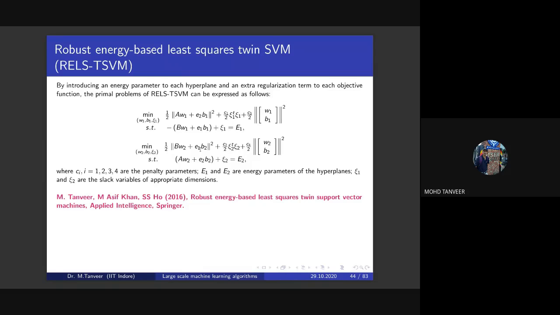Second, it is least square sense, which I already told is one of the fast algorithms, simply solving a system of linear equations. And third, we are introducing an extra regularization term, so the invertibility issues in the dual formulation are also resolved.